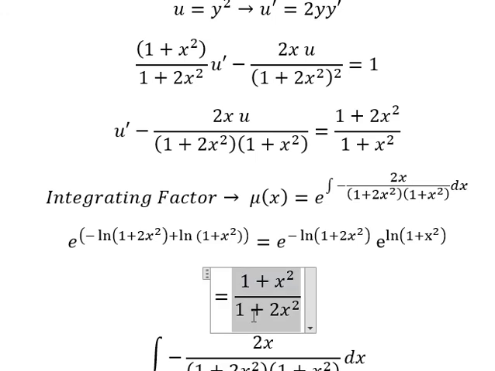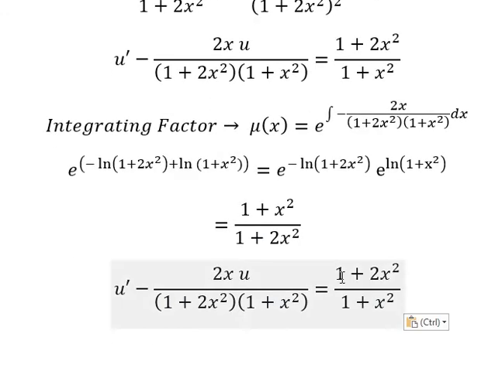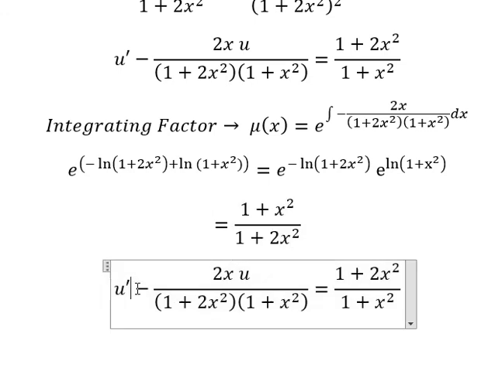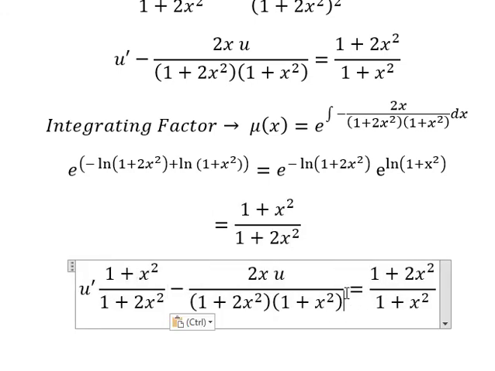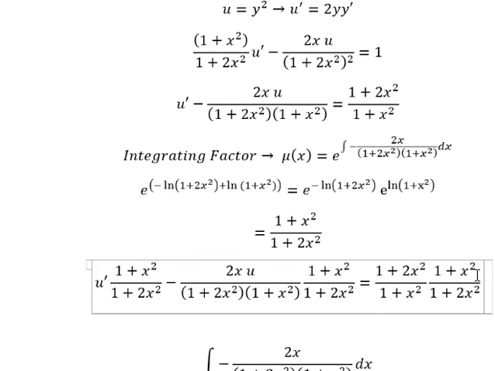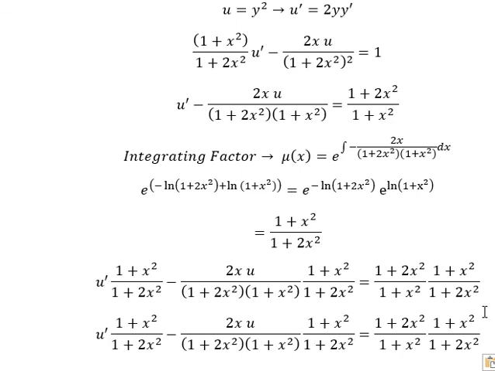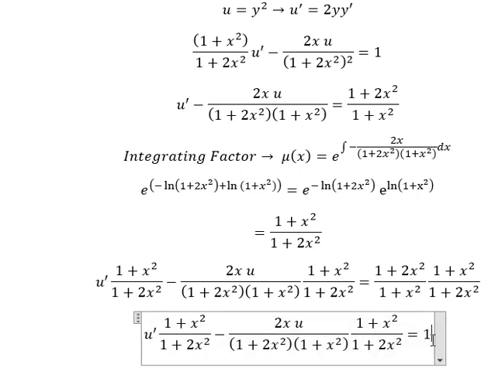That means we multiply both sides by this one. So we need to simplify. This one we have number 1.